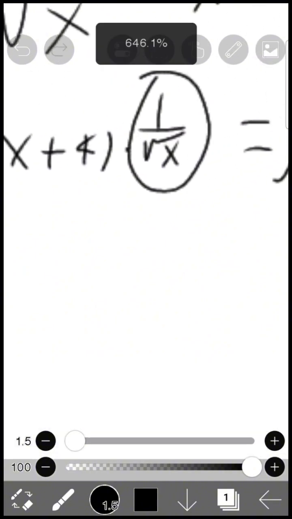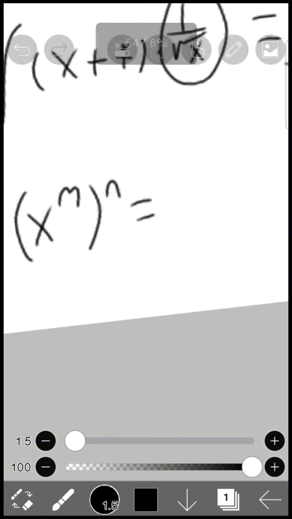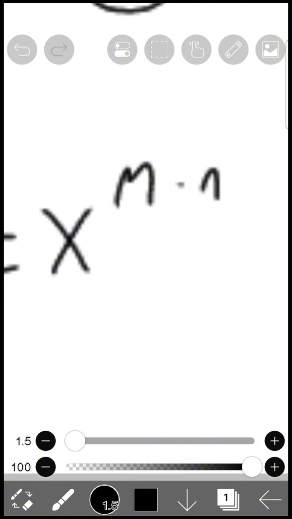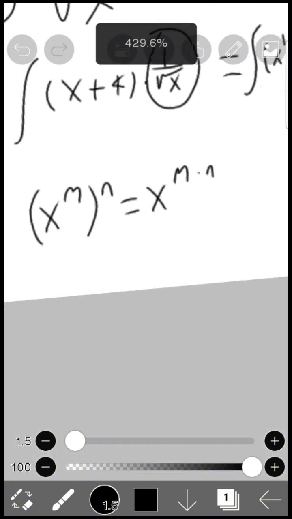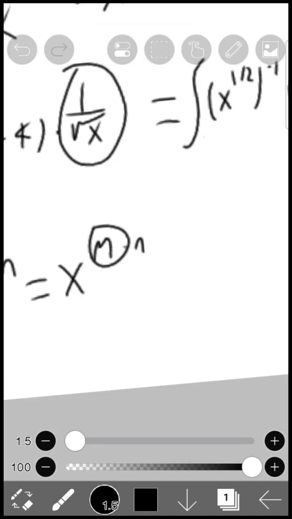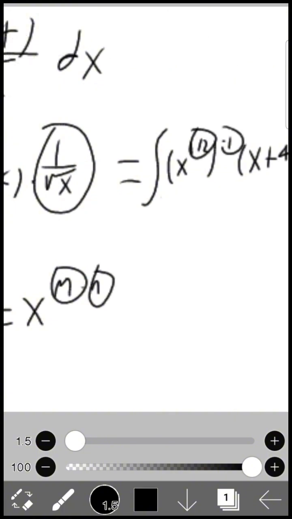This is similar to a law which states that x raised to the power of m and then also raised to the power of n is equal to x raised to the power of m times n. Don't forget the dot here. That also means multiplication. Don't confuse it, guys. So in our case, m is 1/2 and n is -1.